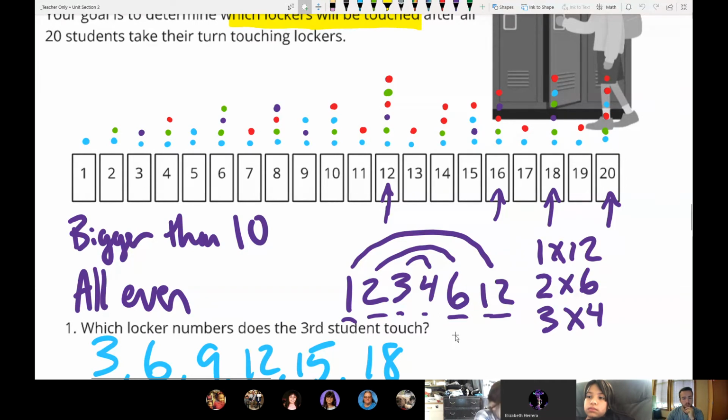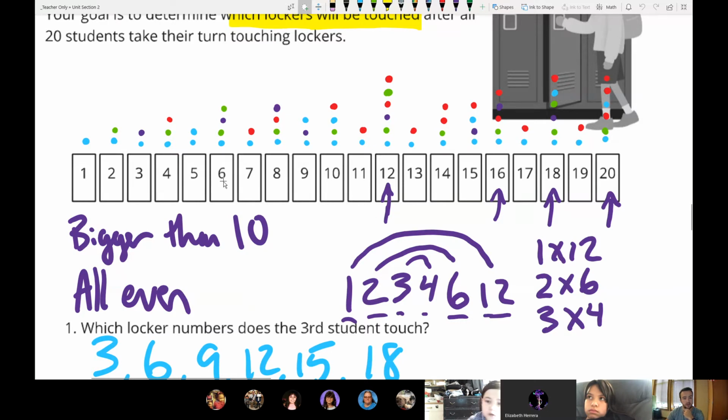So each individual factor, 1, 2, 3, 4, 6, and 12, for the factors of 12. These are the students that started out at these lockers and skip counted by that value. The first student started at 1 and skip counted by 1 and touched every single locker, touched 12.